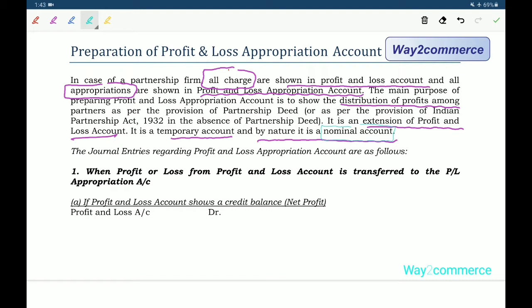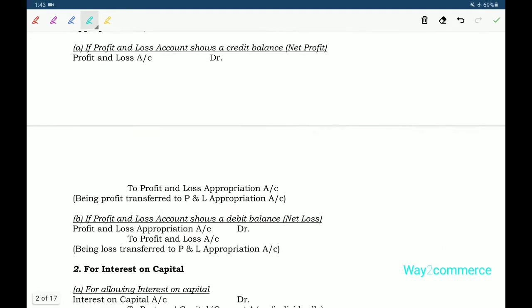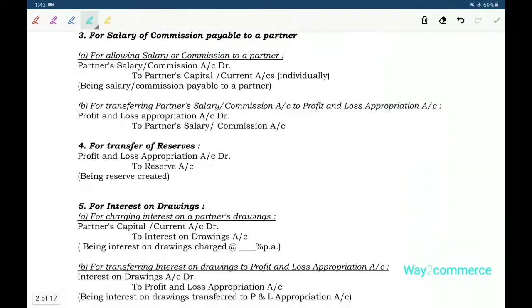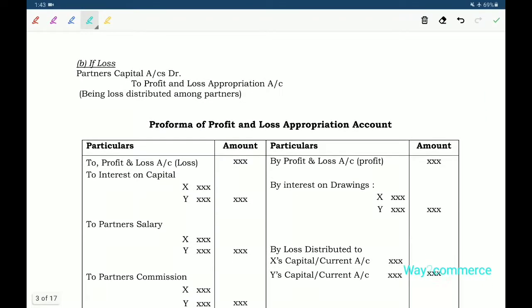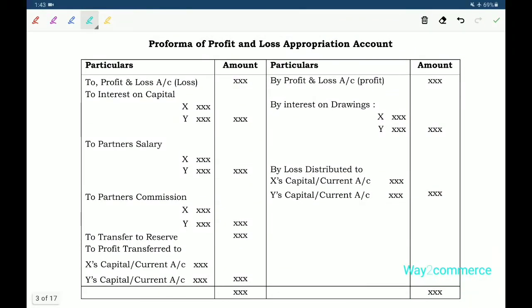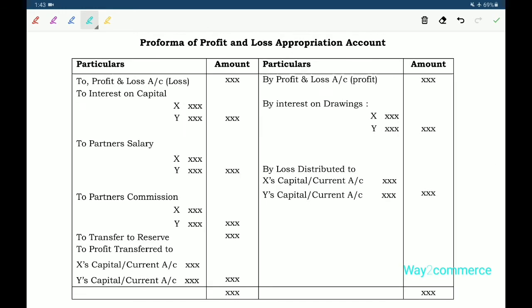Now we go to understand the entries. Before we understand the entries, once again, we understand the entries based upon account. It is very much easy.